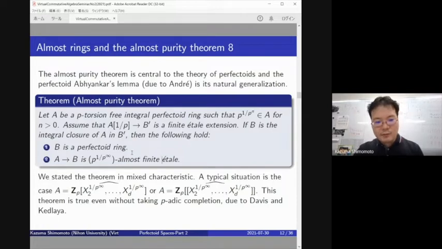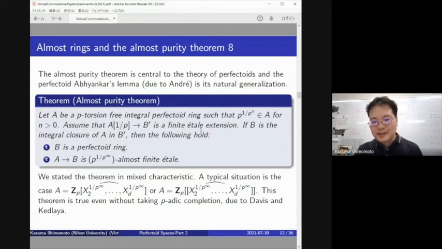What is more important is the second statement. This extension is actually almost finite étale with respect to this ideal. So this is the precise statement of the almost purity theorem. Why is it called purity?